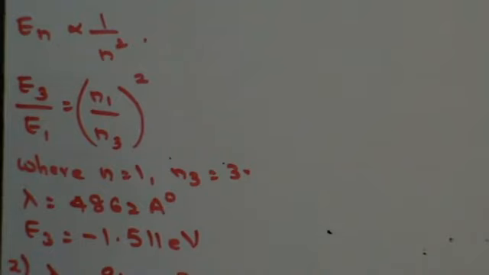Calculate the wavelength of the shortest wavelength line in the Balmer series and the longest wavelength line in the Paschen series.